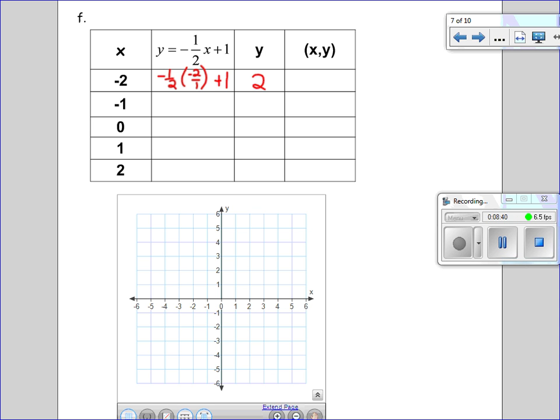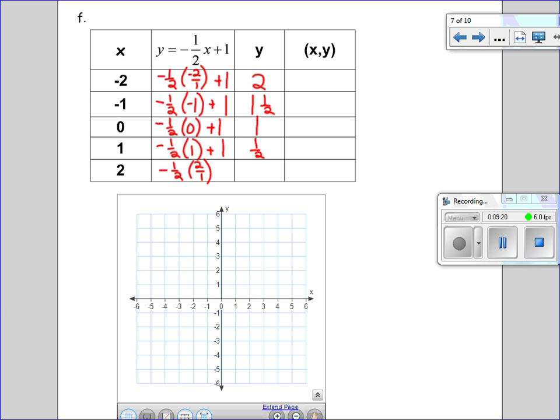So -1/2 times a -1, that's going to be a positive 1/2. Anything times 1 is itself, and it's going to be a positive 1/2. So a positive 1/2 plus 1 is 1 1/2. -1/2 times 0 is going to be 0, plus 1 is going to be 1. -1/2 times 1 is going to be -1/2, plus 1 is going to be 1/2. And then -1/2 times 2/1, again, that's its reciprocal.